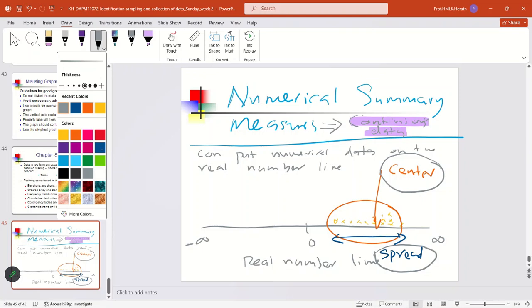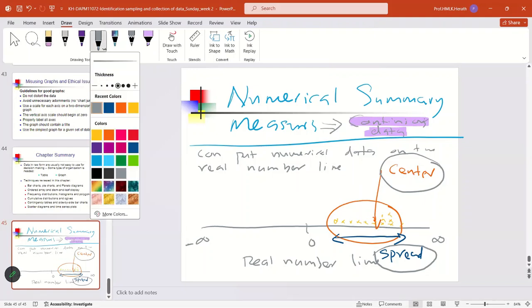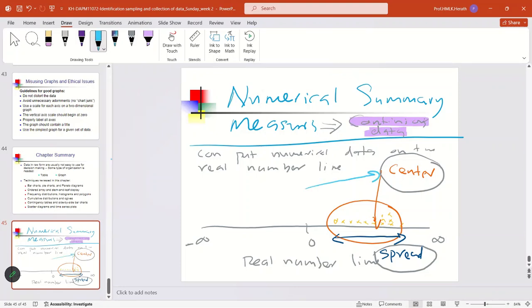So there are measurements that we can use to measure the center. Okay, let me erase this. We can measure the center, and not only the center but also the spread.